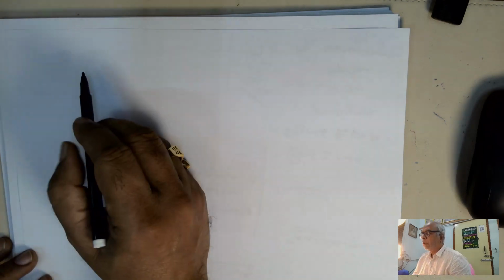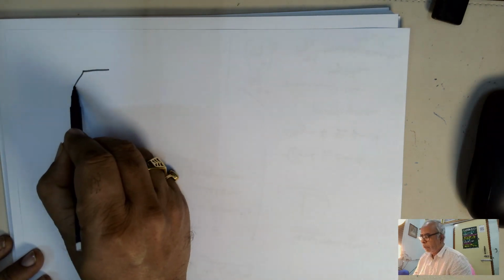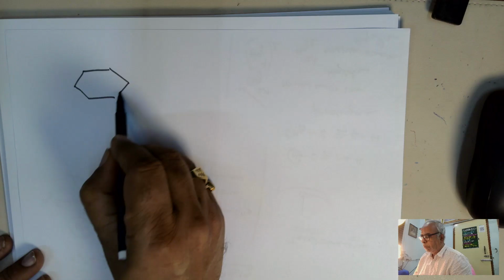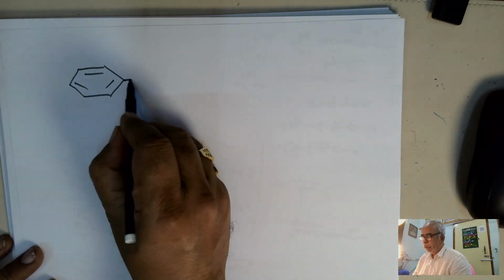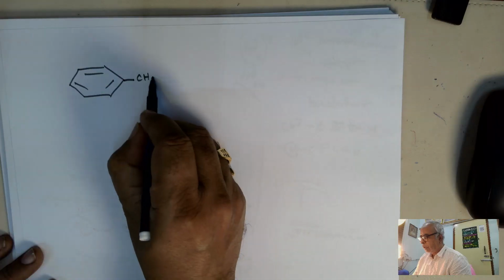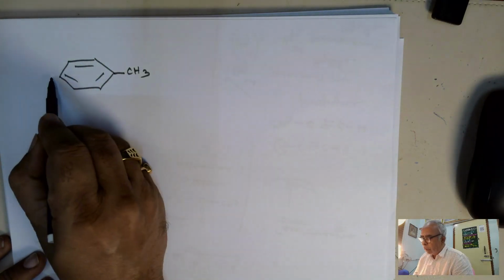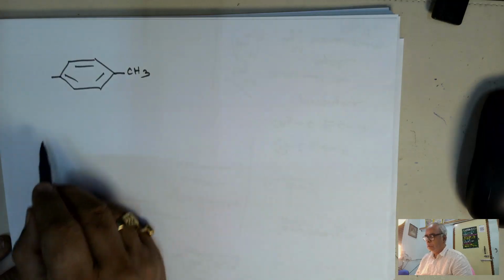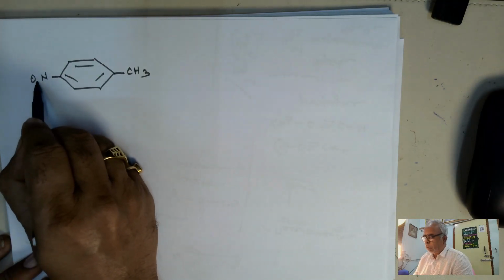Then this is benzene. This one is chlorine, and in the para position you have got nitro. What do you call it?